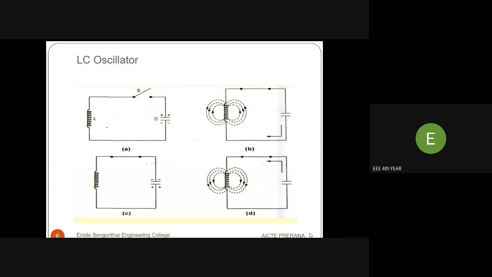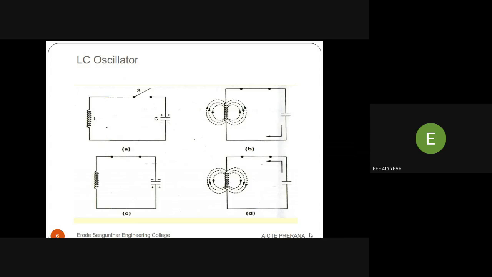Now the magnetic field again collapses, so the capacitor again charges with the opposite polarity. Every time the energy is transferred from C to L and L to C, losses increase, so the amplitude of the oscillating current decreases.